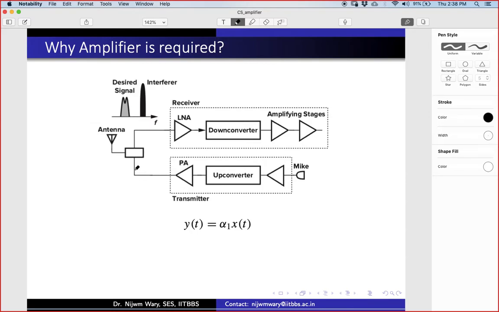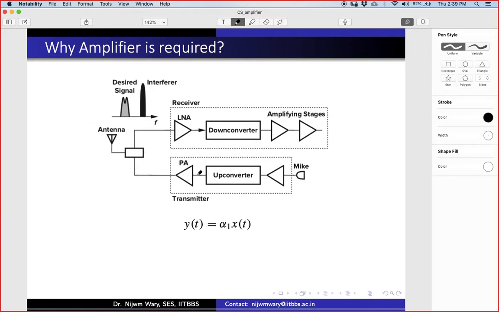Power amplifier, because whenever I am transmitting, I am transmitting to a far distance maybe, right? Maybe from my mobile phone to the cell tower. So I need to boost the power of the signal so that it can sufficiently reach the tower from my mobile phone. That's why I need a power amplifier.